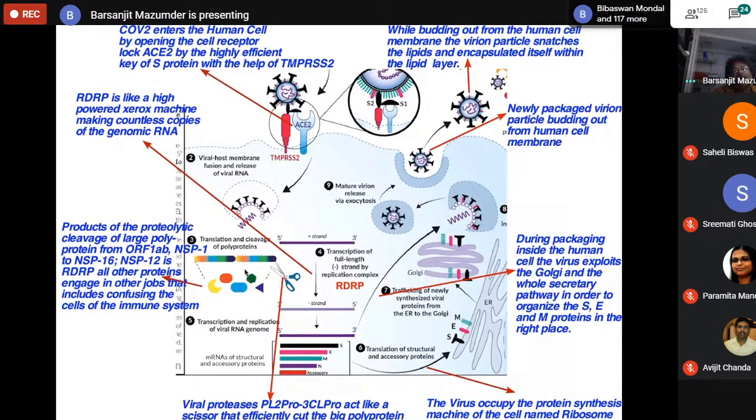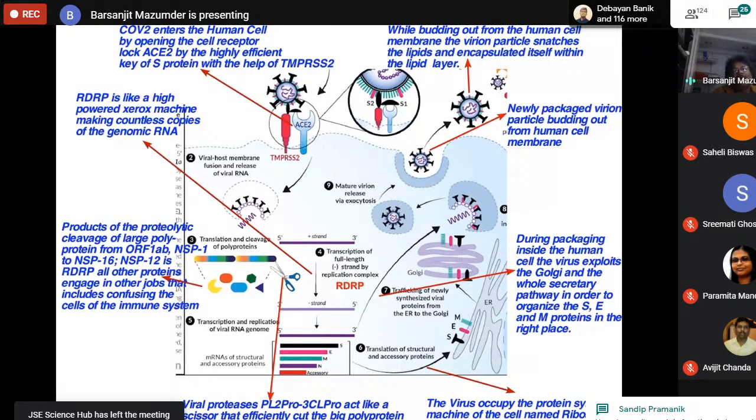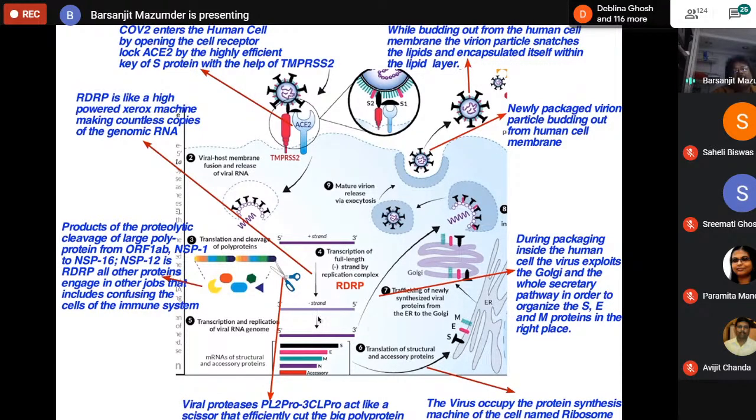Many of these pieces are also required to confuse the immune cell, so that virus replication can be sustained. One of the proteins from these pieces is NSP12, the RNA-dependent RNA polymerase. As soon as this protein is made, it copies the viral genome and makes the message strand, then copies it again.